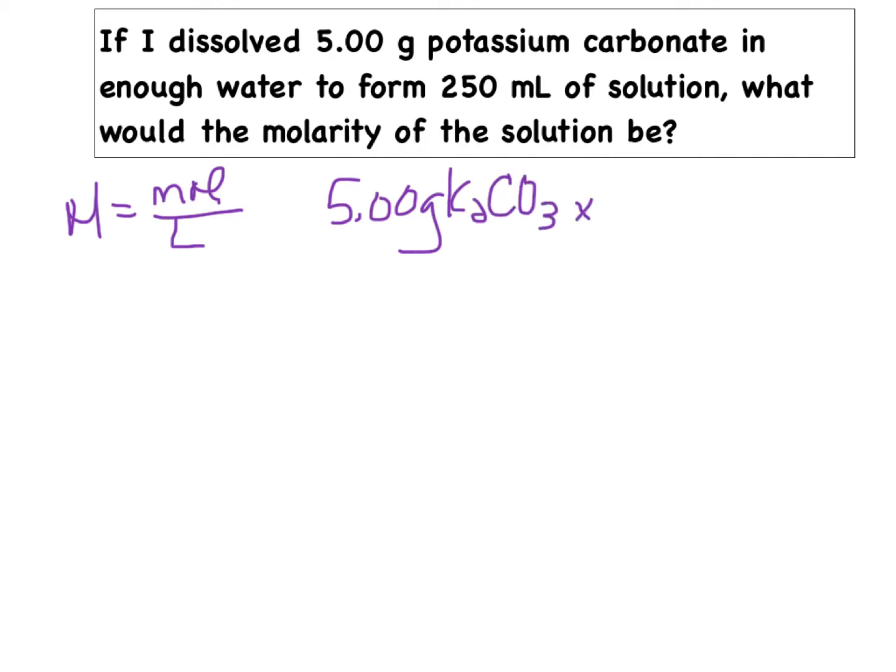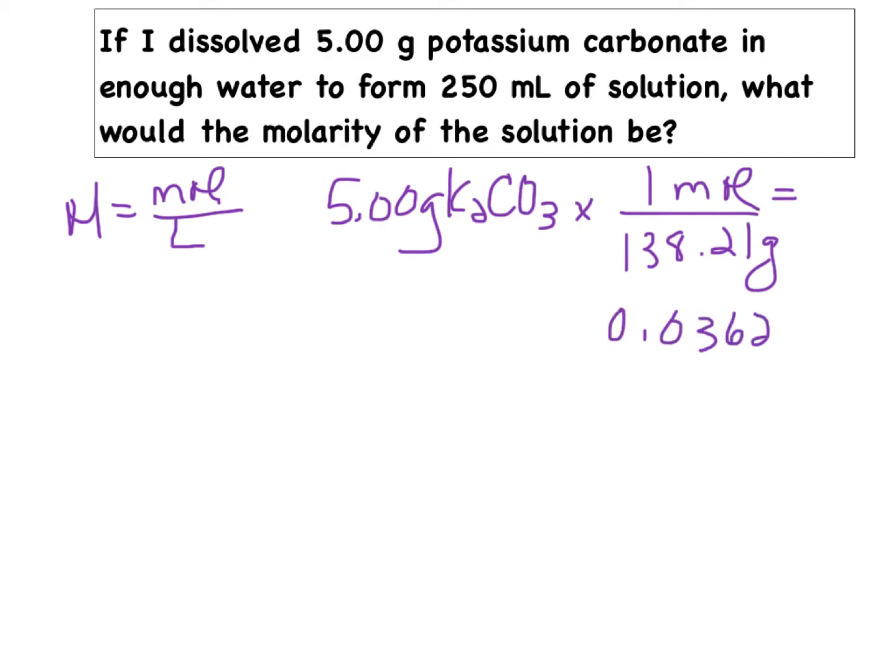And I will do that using the molar mass of the compound, which is 138.21 grams per mole. And so we get 0.0362 moles of the potassium carbonate. Now I need to divide that by my volume in liters.